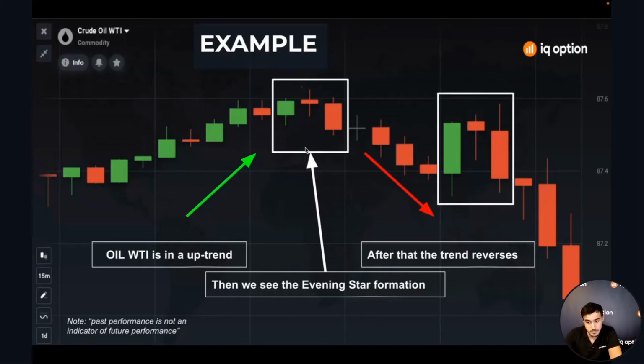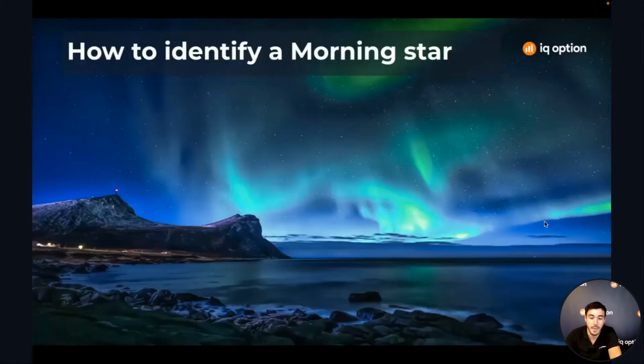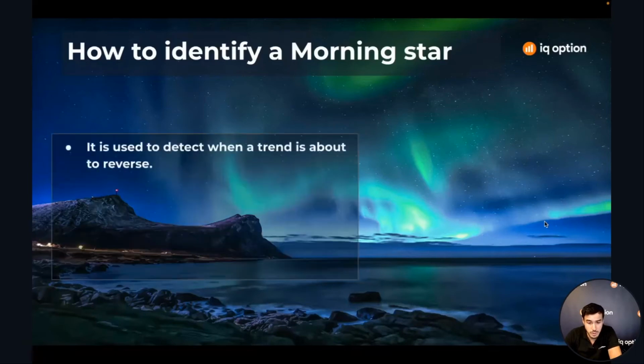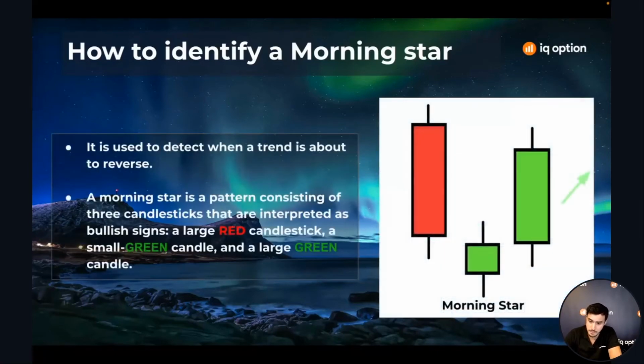Another one there, a second example, very similar. Green, red, and then red, and the price going down. Morning star now, which is the opposite, very similar. What we have is first a red.